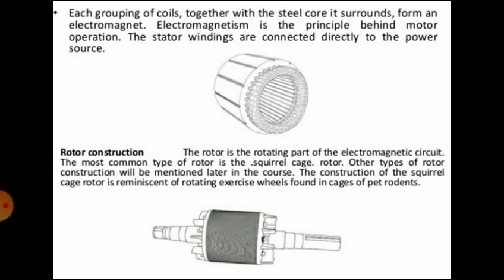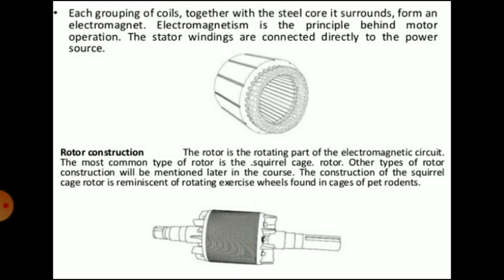Then the rotor construction. The rotor is the rotating part of the electromagnetic circuit. The most common type of rotor is the squirrel cage rotor. Other types of rotor construction will be mentioned in the next slides.